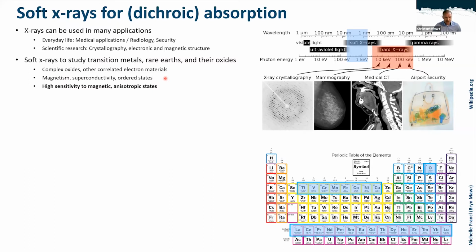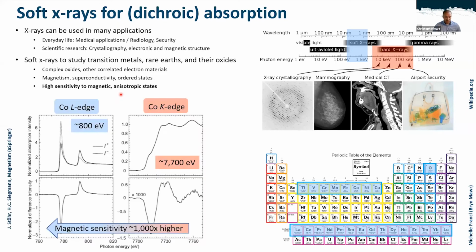And the reason for this is that soft X-rays are particularly useful, as they show a very high sensitivity to magnetic and anisotropic states in these materials.